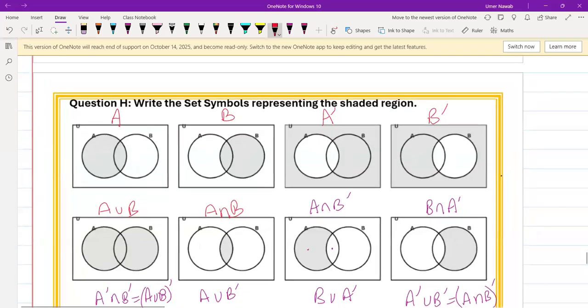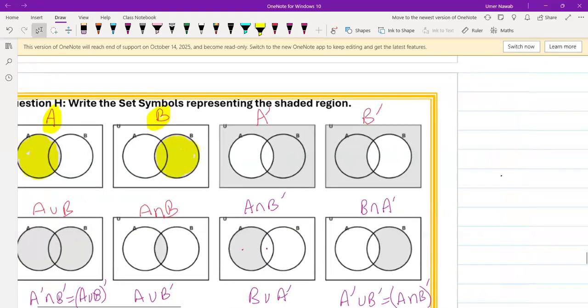Now, sometimes in opposite, the examiner gives you a shaded part and you have to write the set notation. So as he has shaded complete A, we wrote the answer as A. In this case, he has shaded the complete B, our answer is B. As the guy has taken the complete region which is outside of A, this is called A complement.